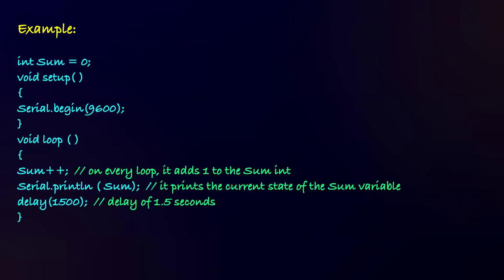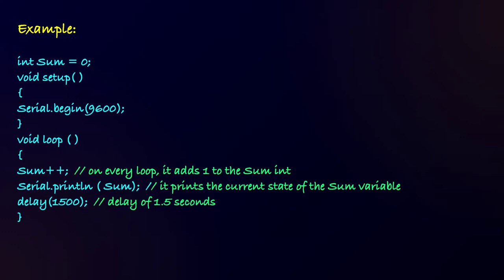Example, the best way to understand. If we say int sum equal to 0, and then we start our code, void setup. Inside void setup, we have Serial.begin 9600. We have set it up. Void loop. Inside void loop, we have sum plus plus. That means sum plus 1.